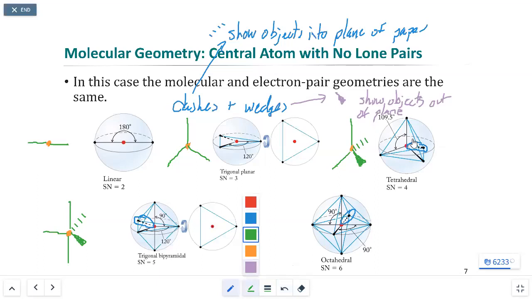Now understand that the bond angles here are still what we'd expect them to be. Inside of that plane, it's 120 degrees. It's still trigonal planar inside of that plane.